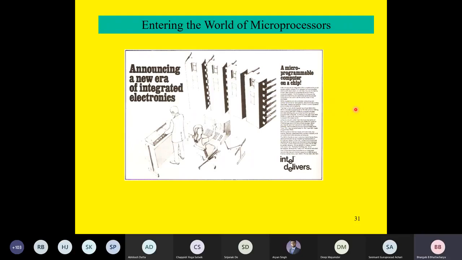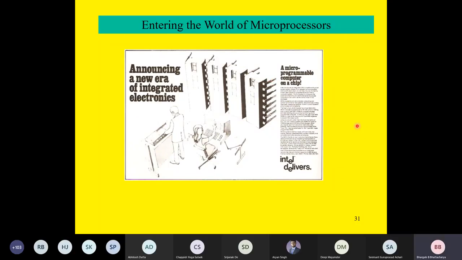That means the entire processor or CPU is built on a single microchip, fully solid state. So this is the advertisement: a microprogrammable computer on a chip.